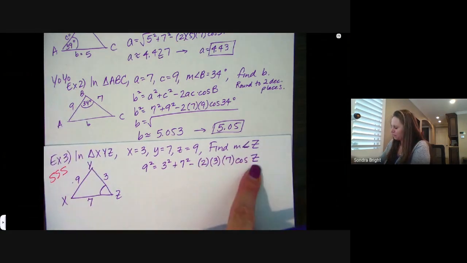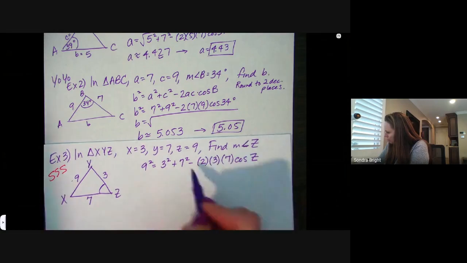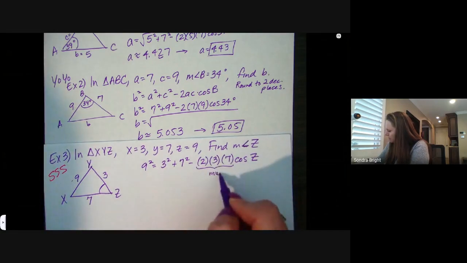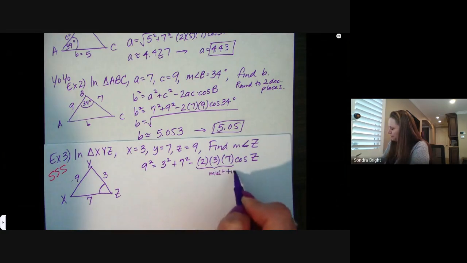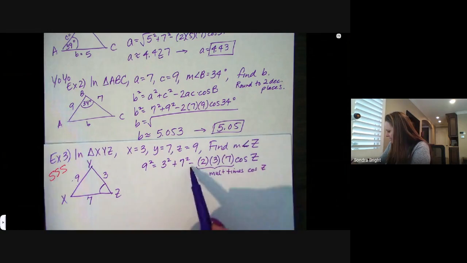All right, so watch your order of operations. All of these guys are being multiplied times the cosine of z value, right? I know you're subtracting it, but all of these guys are being multiplied. These guys are being added.